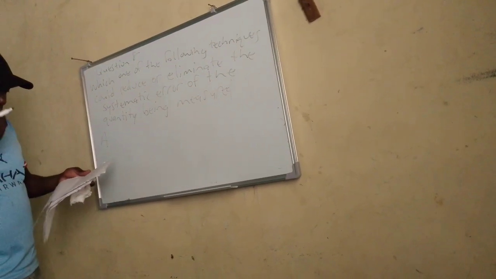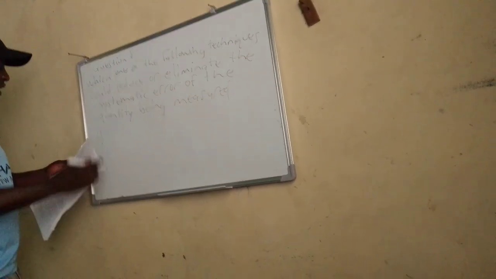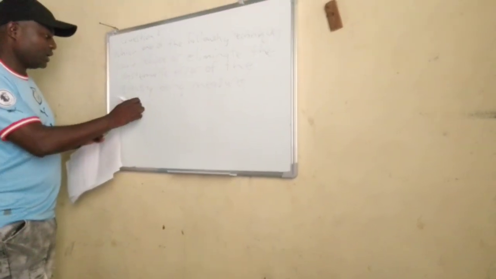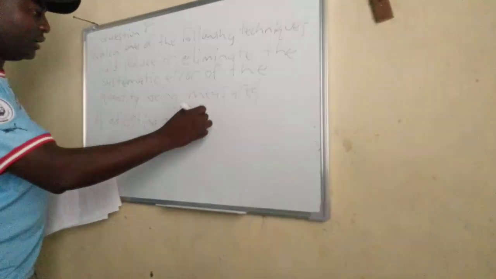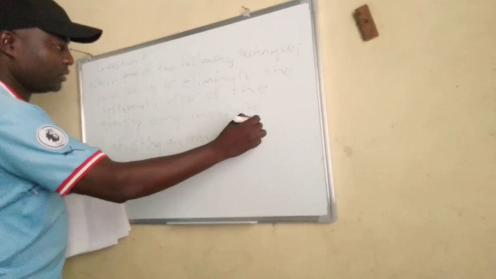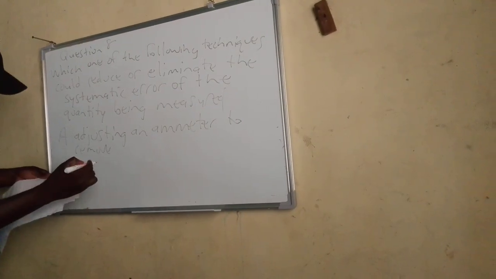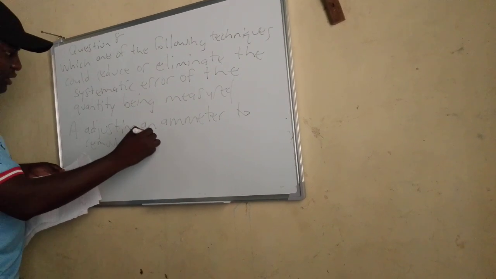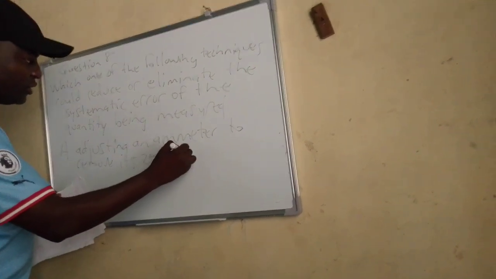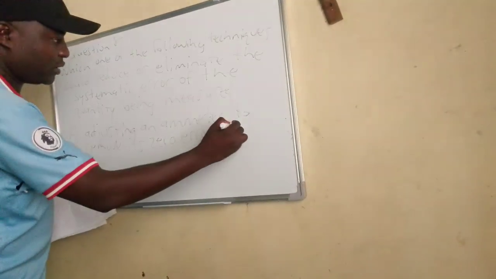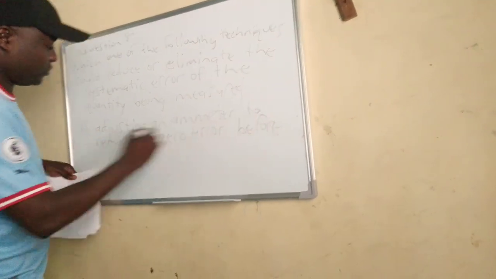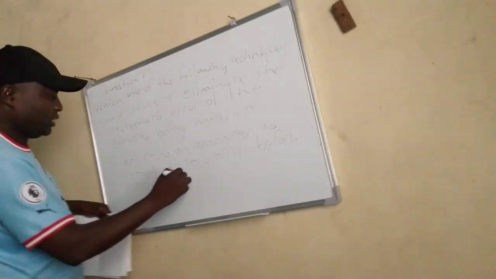A, adjusting an ammeter to remove its zero error before measuring a current.